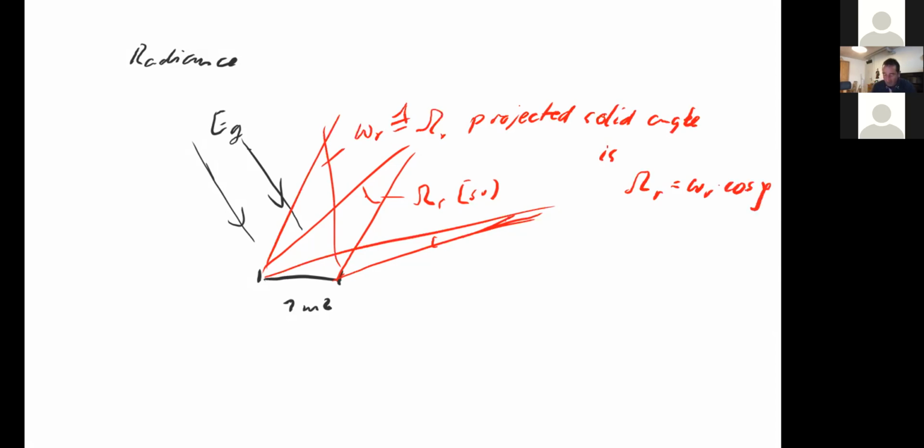So that's again a cosine law, a cosine law of observation. And then on the other hand, we got a cosine law of irradiance. And the two of them may cancel each other in certain situations.